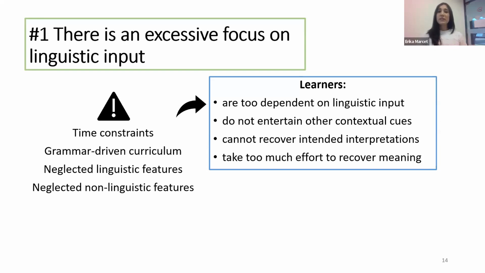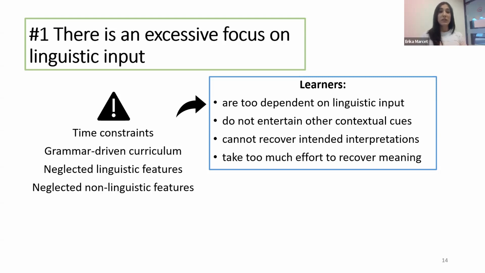The first issue is that there is an excessive focus on linguistic input, and that means that certain features of the Japanese language, and probably other languages too, you might be able to tell me during the Q&A session, are not taught due to time constraints as well as a grammar-driven curriculum. So linguistic knowledge is taught without taking into consideration other very important factors involved in communication.